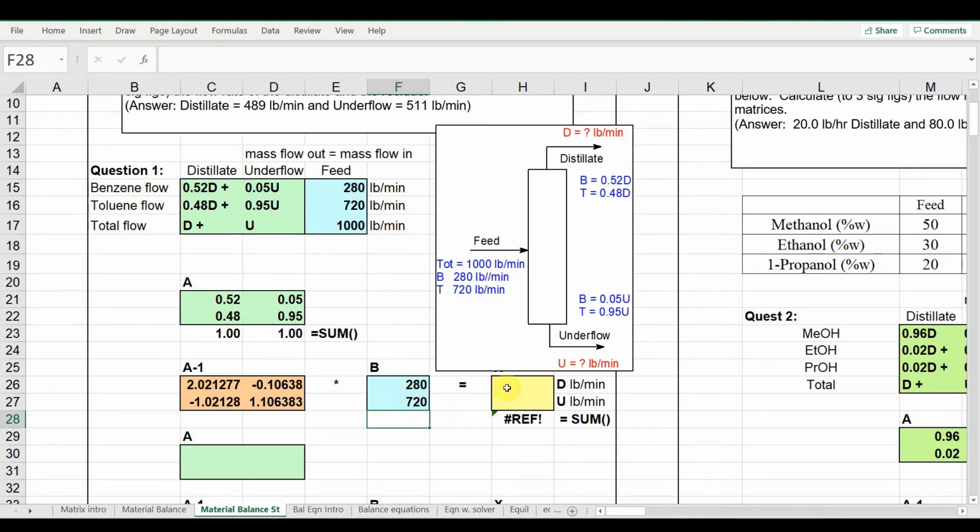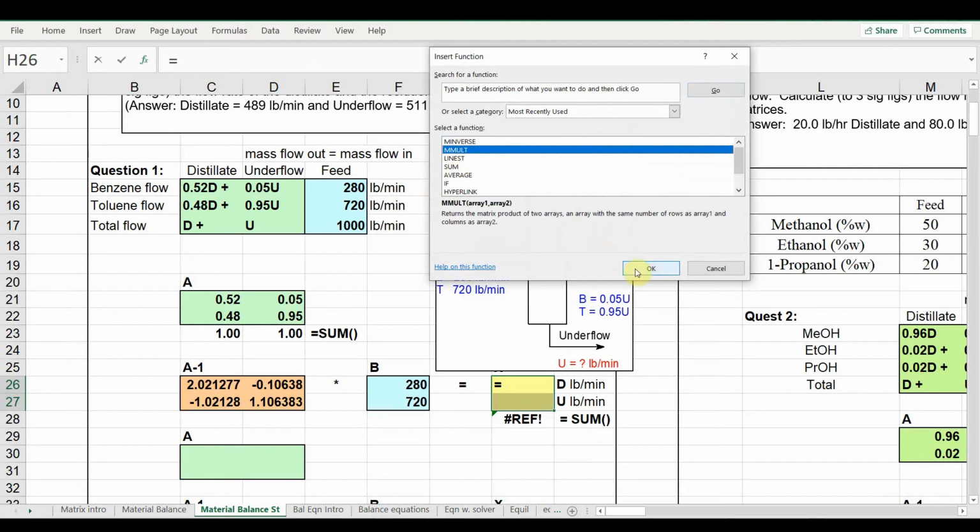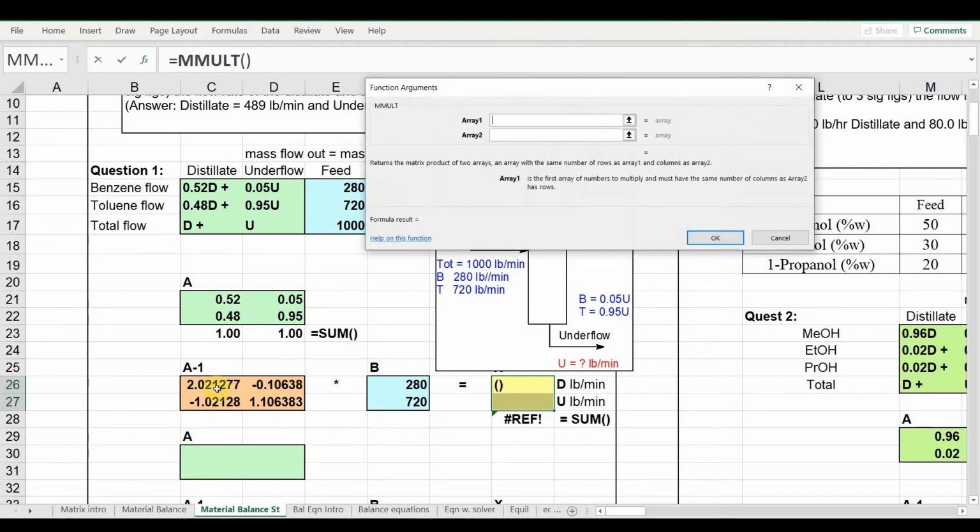To get the matrix of the variables, we'll multiply the inverse matrix of the coefficients of the variables times the matrix of the constants. First select the cells where the matrix of the variables will be displayed and choose insert function MMULT. OK. Select array 1, which is the inverse matrix, times array 2, the matrix of the constants, and say OK.